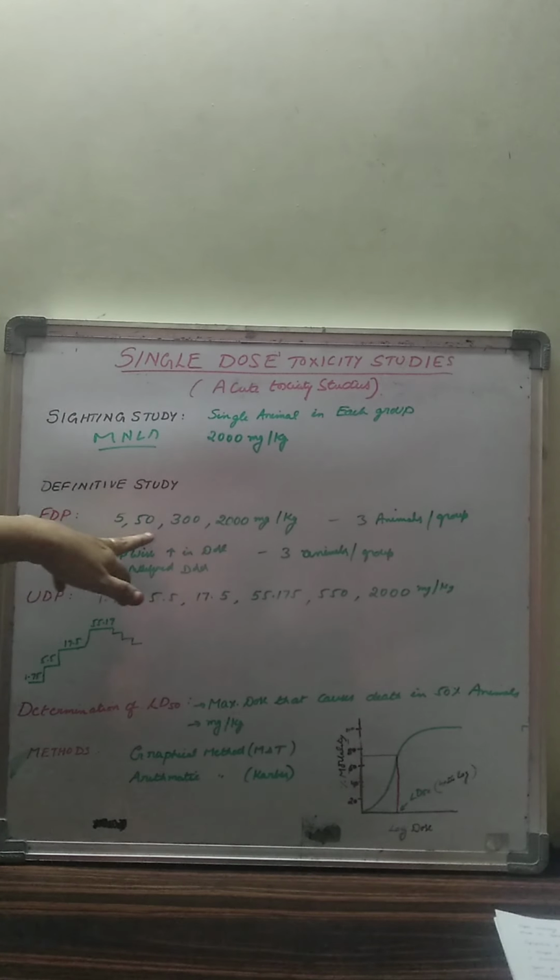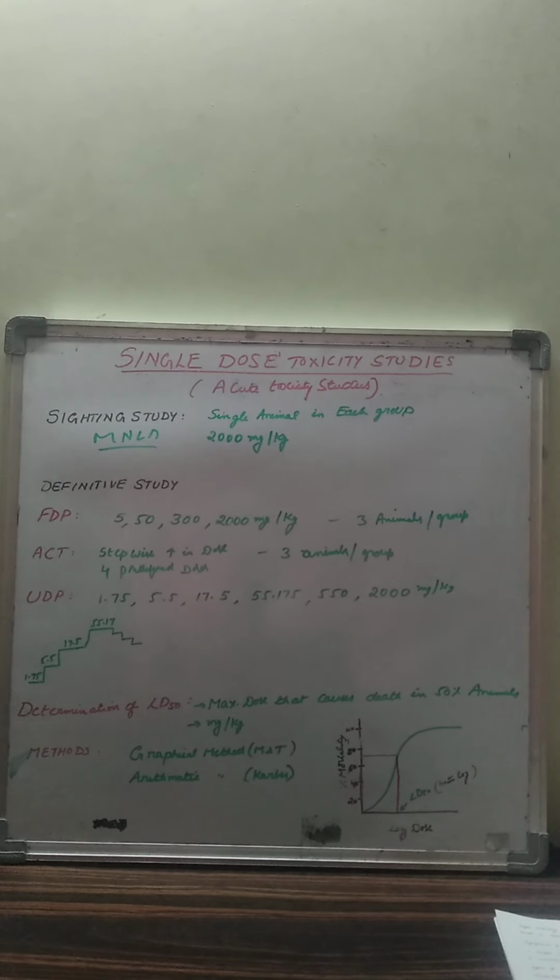For example, you can start from 5 mg, or it depends on the literature. If you know from the literature that 5 mg does not have any considerable action, in such cases you can start directly from 50 mg. So the first group will receive 50 mg per kg.